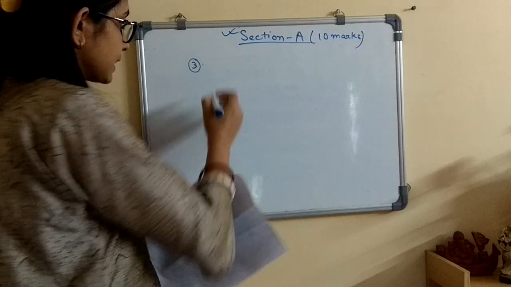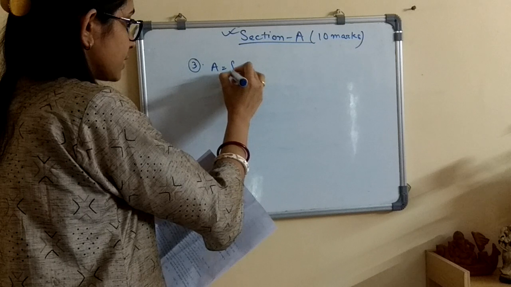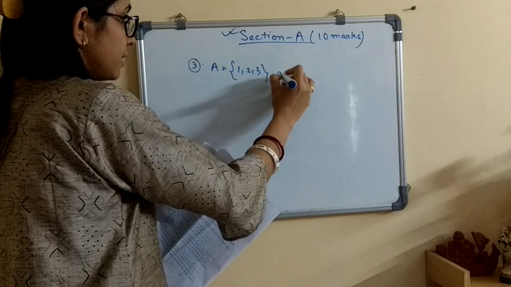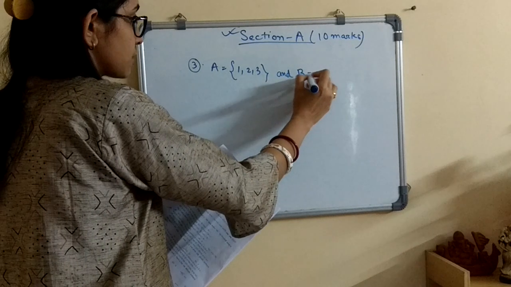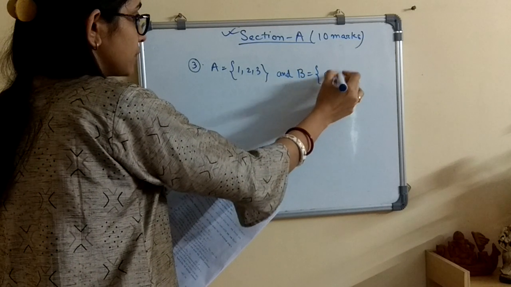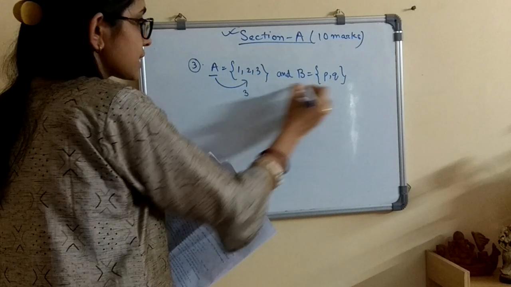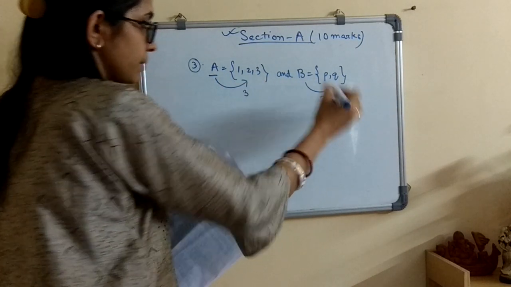So the third question is, A equals 1, 2, 3 and B equals P and Q. These are two sets. What does this mean? The set A contains 3 elements and the set B contains 2 elements.